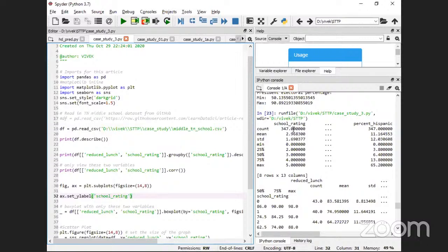So from this, the output has been generated. Now, what I did is I just used the describe function in my code, by which it could describe the information in this way.